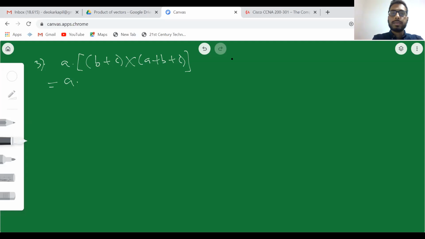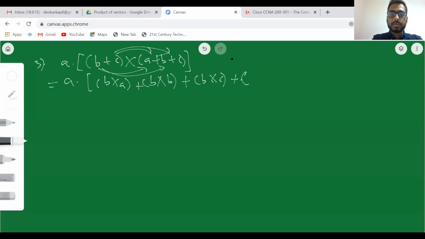So I'll use my basic dot product and cross product properties. First I'll multiply with b and then I'll multiply with c to all the terms. So over here I will get b cross a plus b cross b plus b cross c. Multiplying c, I'm going to get c cross a, c cross b and c cross c.